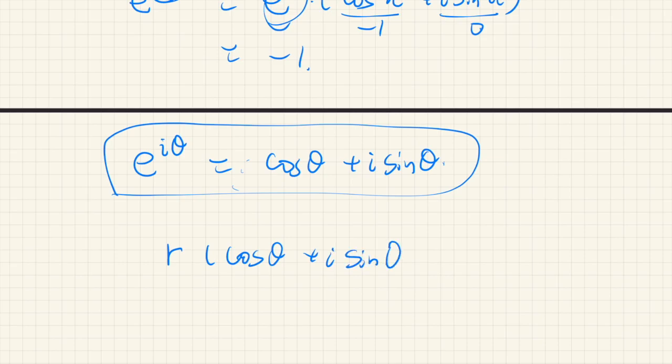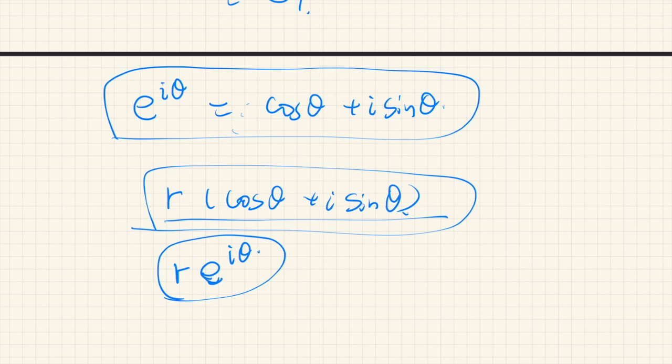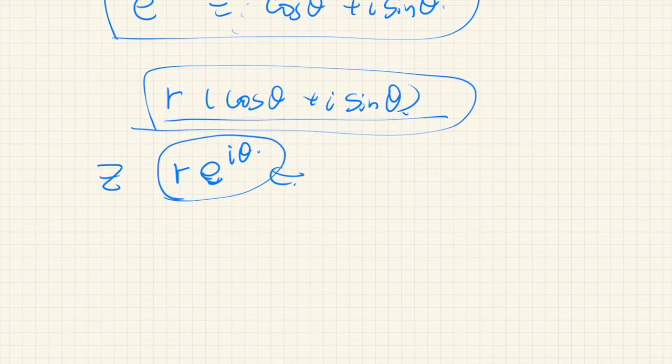So we have seen any complex number may be written in this form. So this can also be written as r times e to the power of i theta. So this is a little bit simpler notation than the previous polar form. So you can also use this as a polar form. It's the same thing.